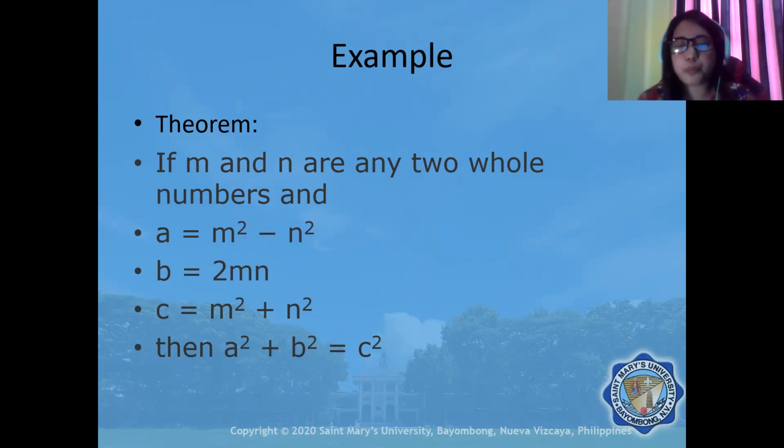To prove this, we are simply going to substitute the values of A and B in place of A squared and B squared, so that after doing the operations, we come up with the value of C squared.